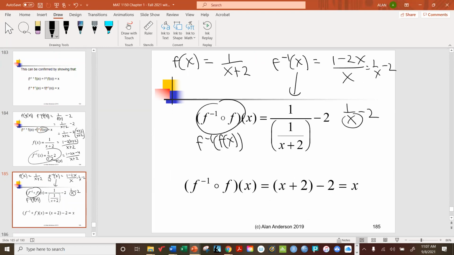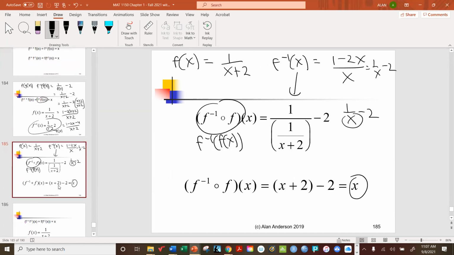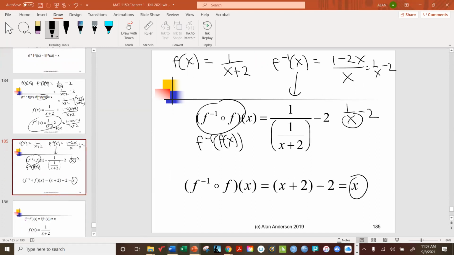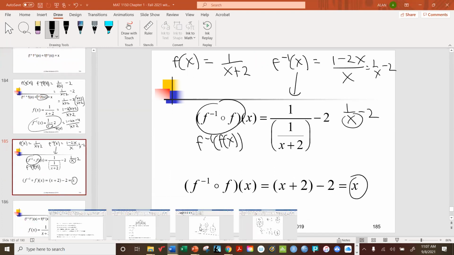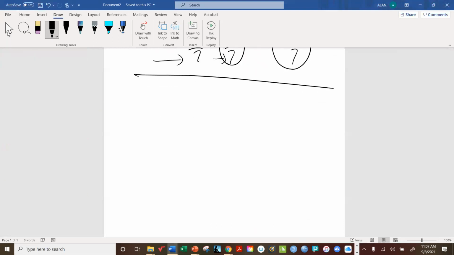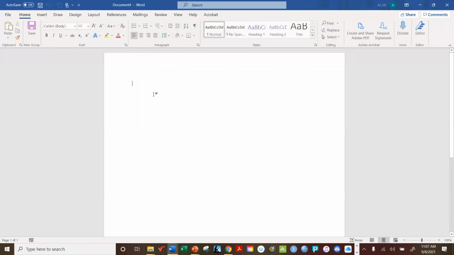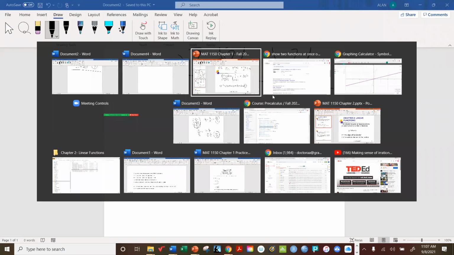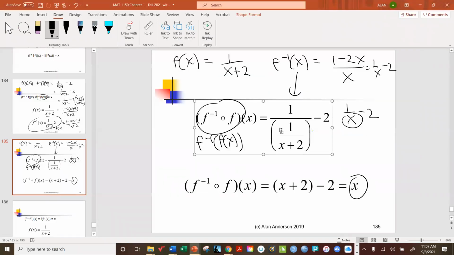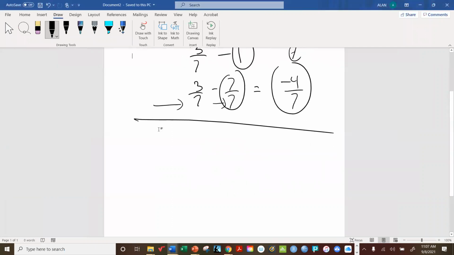And then algebraically, this reduces to x. Now, I guess I kind of left out an intermediate step here. Let's take a side note here and see why this is true. Let's move this onto a document. I just want to go back and prove why this is happening, just because it's a bit messy.